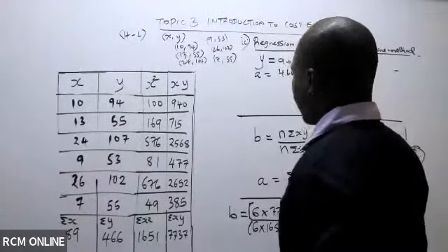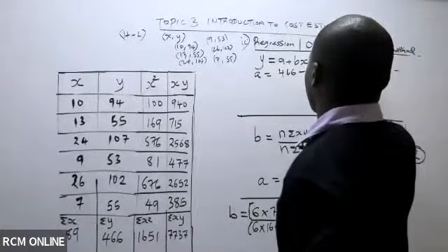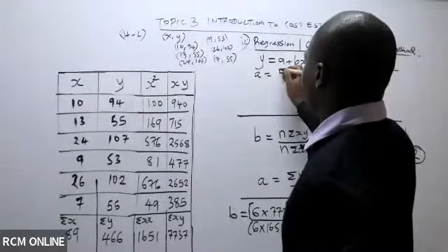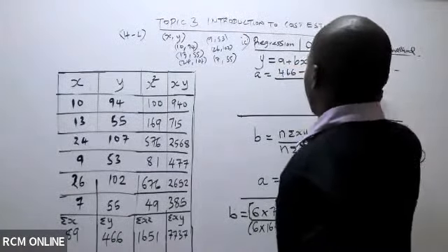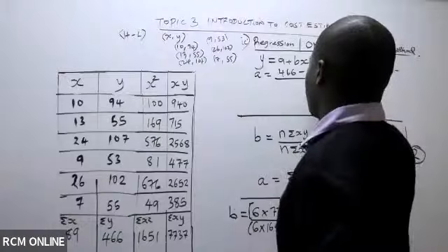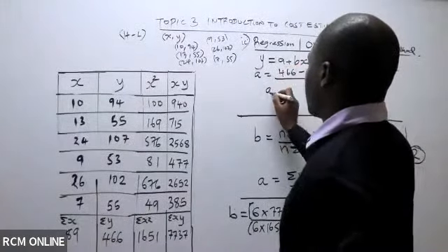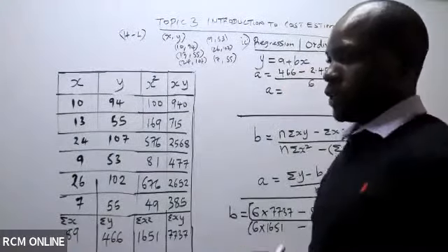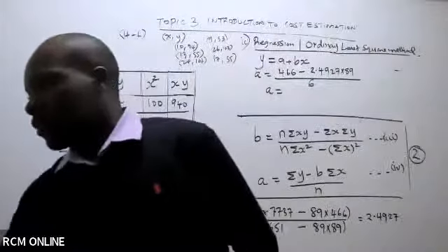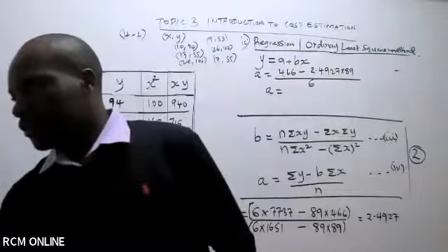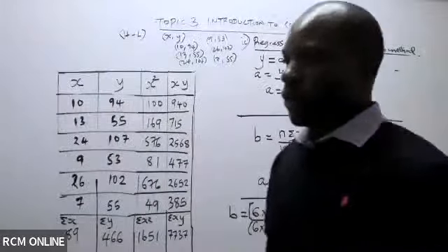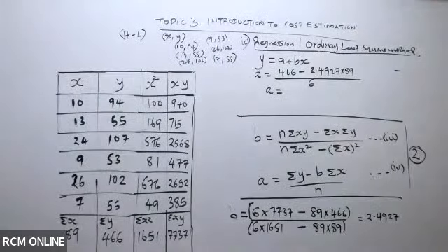Multiplied by summation of x, which is 89. The whole of that divided by n, which is 6. When you are told to do that, what are you getting as the value of a to 4 decimal places? What is the value of a?